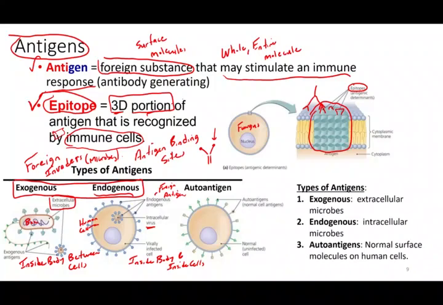And so these different types of antigens, yes, they're both foreign, but one is coming from inside our own cells, and one is not coming from inside our own cells. And so they're processed and taken care of differently, as we'll see later on. So both of those are important because they're foreign and we may want to get rid of them.